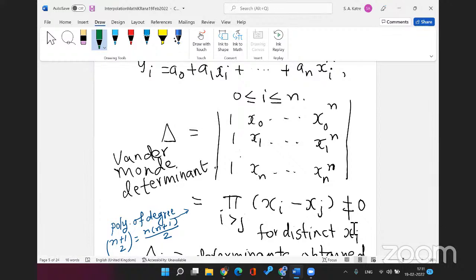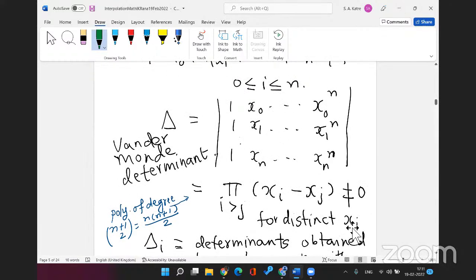When you multiply these, you get 0 plus 1 plus 2, etc., up to n, the sum of the first n natural numbers, which is n into n plus 1 by 2. That is the degree of this determinant as a polynomial in the variables x naught to xn.